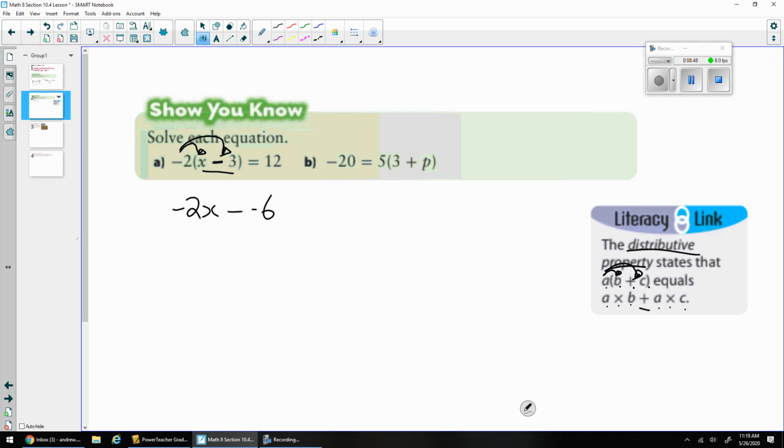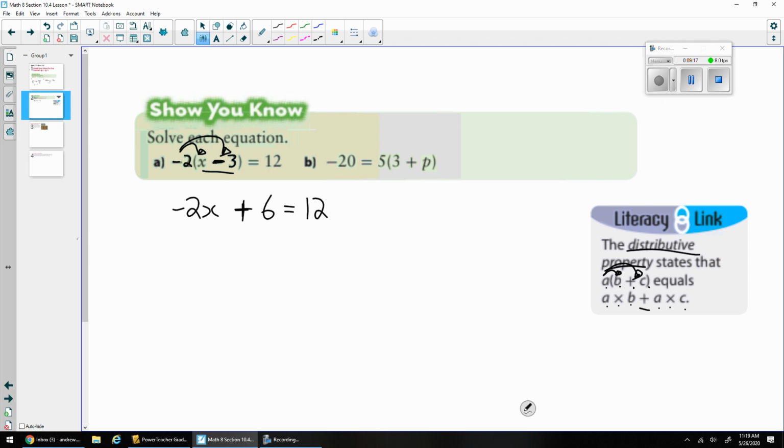So this would be the same as plus 6. We can also see, if we see this as negative 2 times negative 3, that is positive 6. Okay, so when we distribute those in, this is what we get, and that is equal to 12.